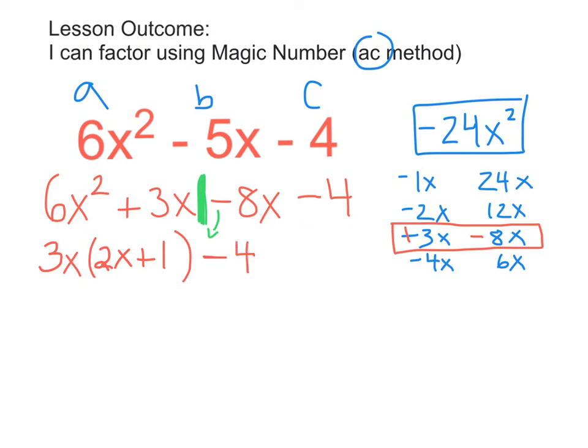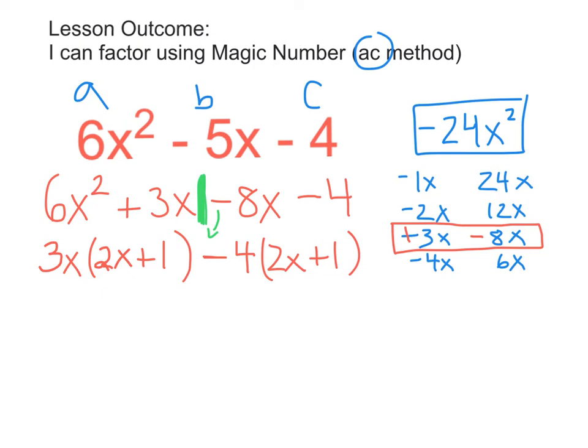So we're going to take out a 4, which is technically negative 4 that we're factoring out. When we do that, we have negative 8 divided by negative 4, which is 2. So we have 2x, because we're not factoring out an x. And then again, be careful here. Negative 4 divided by negative 4, we're not getting 0 here. We're going to get plus 1. Notice the sign changed from negative to positive because we factored the negative out.